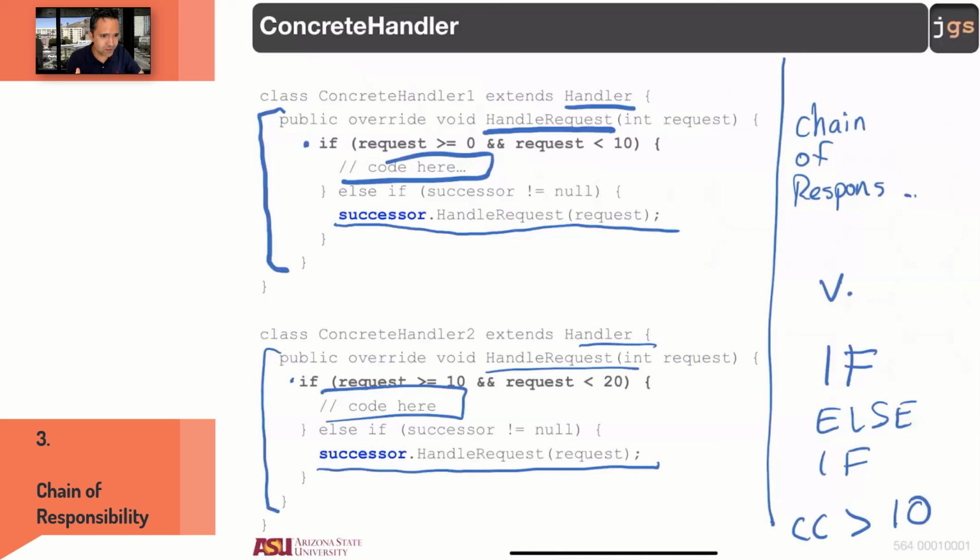A good solution, one of them, is chain of responsibility. The reason to use it is that I have a lot of conditions. I need to check a lot of factors in order to decide what to do. So instead of having all those conditions in one single method, in one single class, it's like this: I check one condition and do the thing, or send the request to someone else.